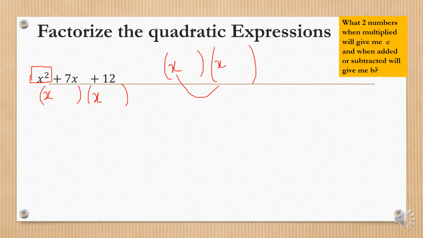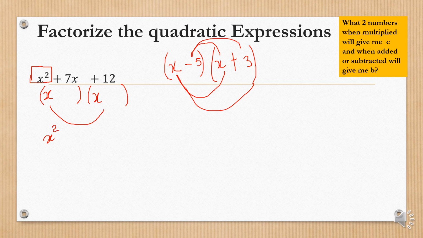It's going to be this by this, and let's say I have this term here, then it's going to be this by this, and then this by this. So let's get back over here. We have x by x, so we know if we multiply x by x, we are going to get x squared.